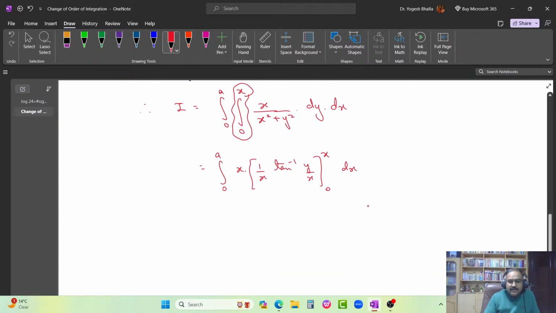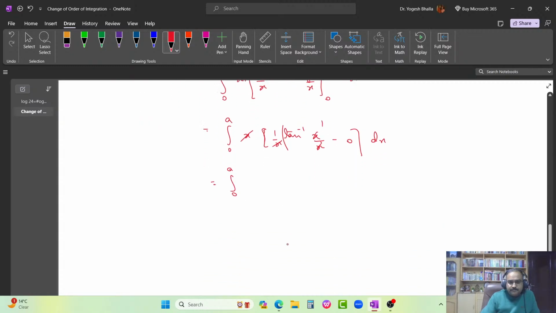Now upper limit minus lower limit. The x and x will cancel out, so it is 1 by x tan inverse x over x minus 0, and dx. Now x and x cancel, so it will be 0 to a of tan inverse of 1 into dx.